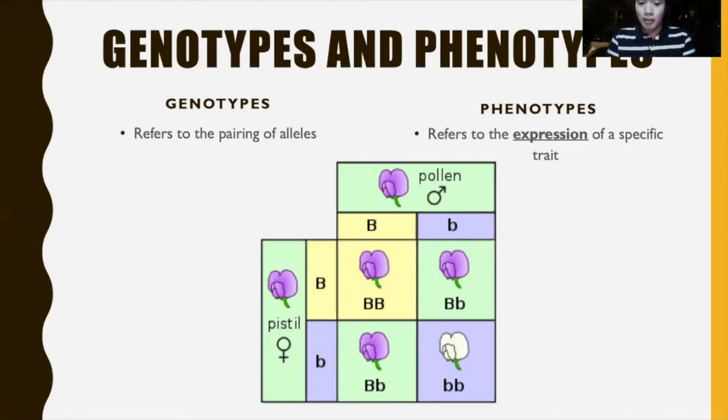They can be paired as uppercase B and lowercase b, uppercase B and uppercase B, or both lowercase b's. Those are your genotypes. And whether the flower will turn out purple or white or any color, that is what you call the phenotype, or again, the expression of that specific trait.